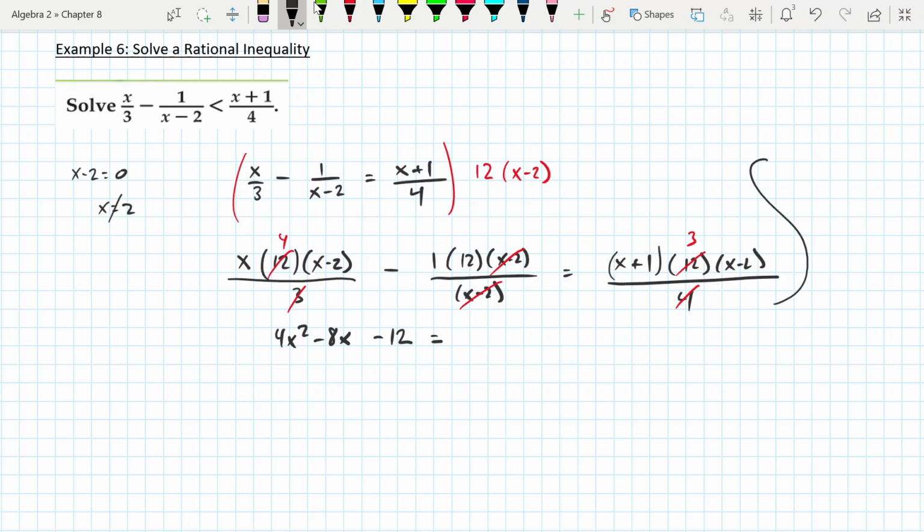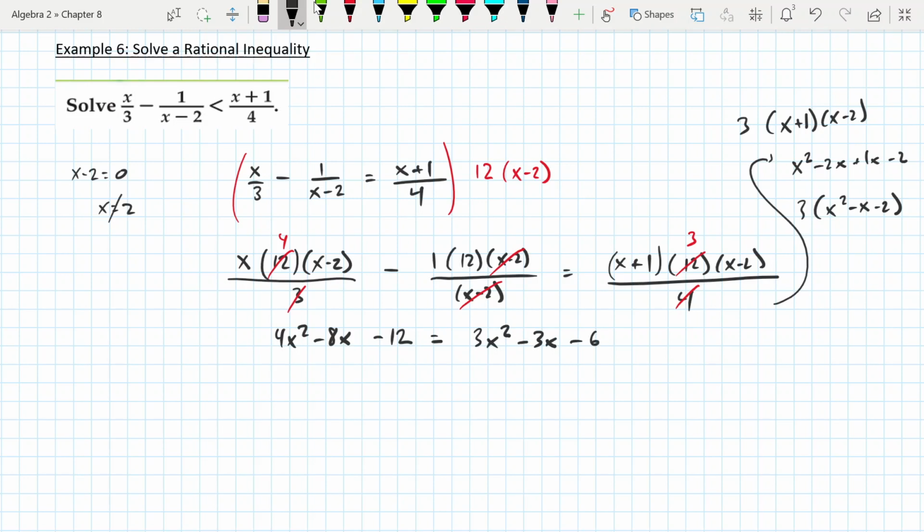I'm going to do a little bit of scratch work up here. x plus 1 times x minus 2, and that whole thing is going to get multiplied by 3. So I have x squared minus 2x plus 1x minus 2. So I have 3 times x squared minus x minus 2, which comes down to 3x squared minus 3x minus 6.